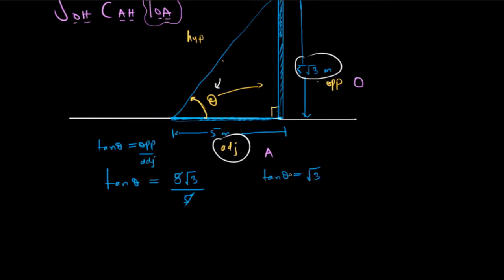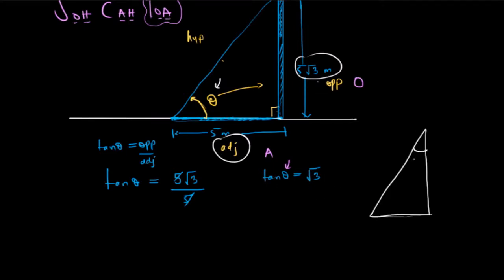So how do you find theta? To find theta, we're going to use our reference triangle. Let's say this is your triangle. This is the reference triangle that we use in determining angles for problems of this nature.